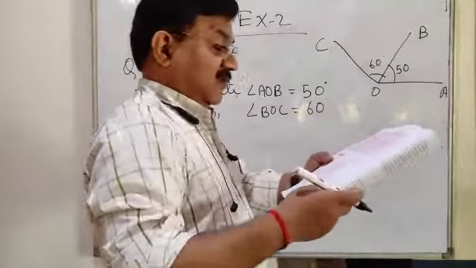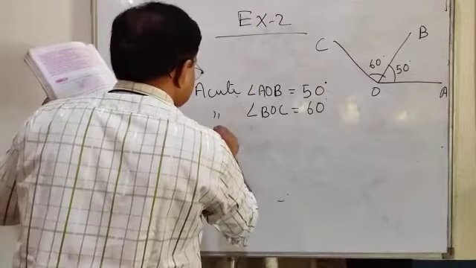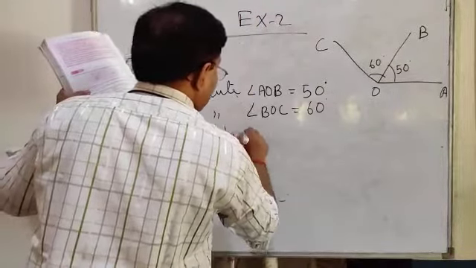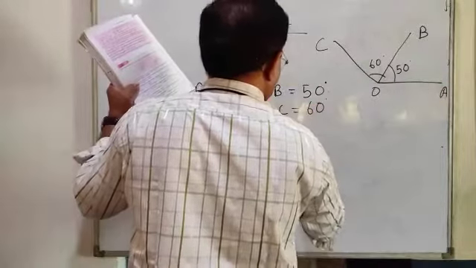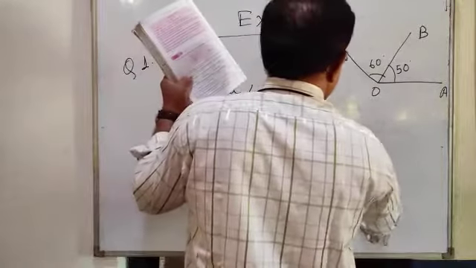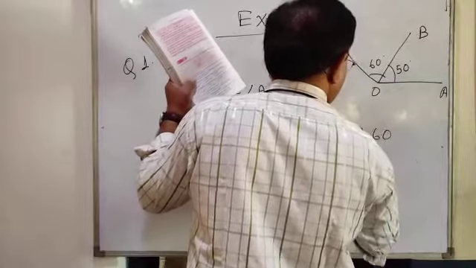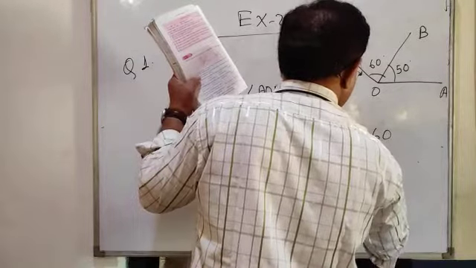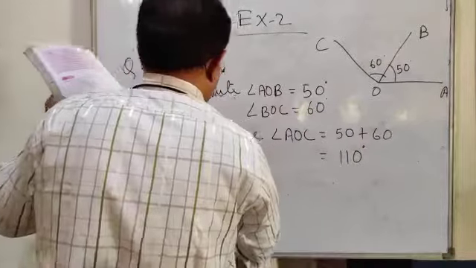Next question, obtuse angle. Obtuse angle means more than 90 degrees. Obtuse angle AOC: AOC is equal to 60 plus 50, and it will be 110 degrees.